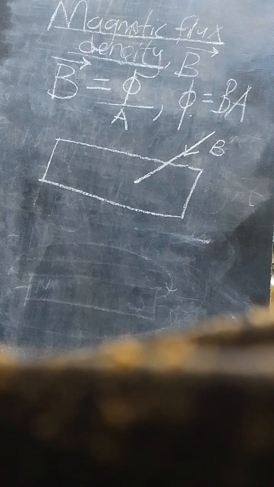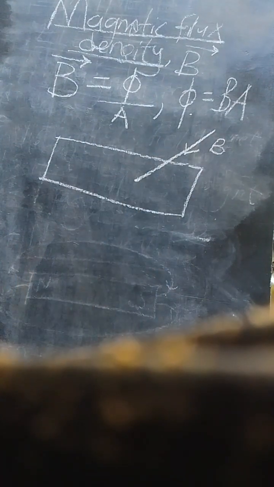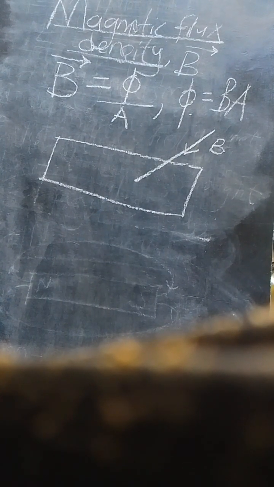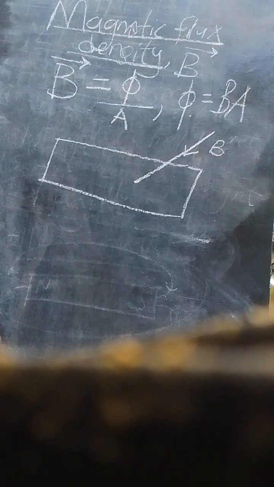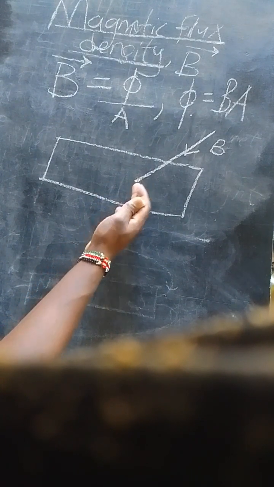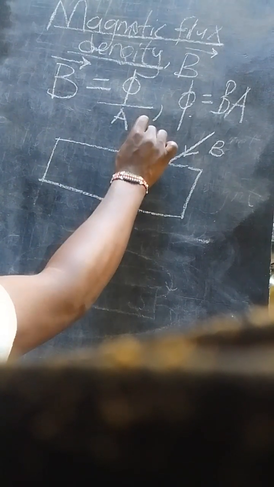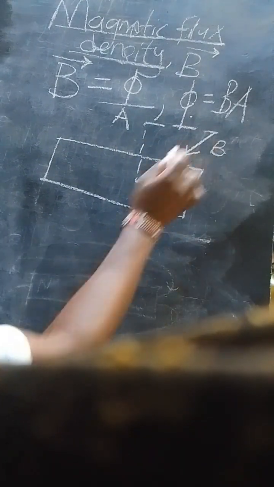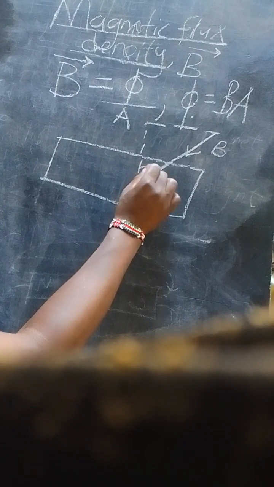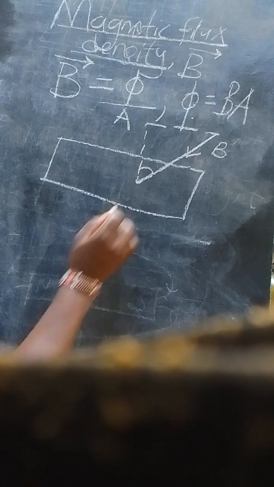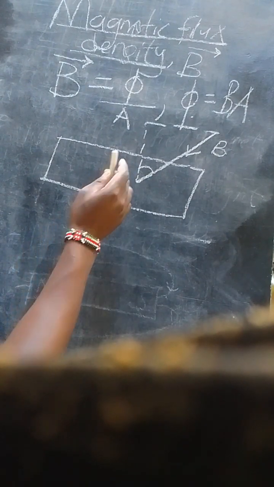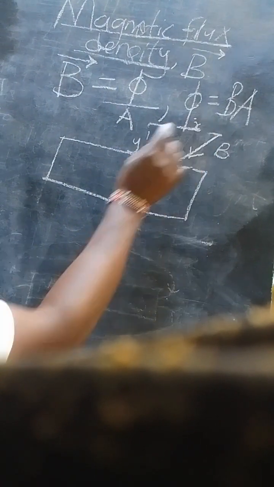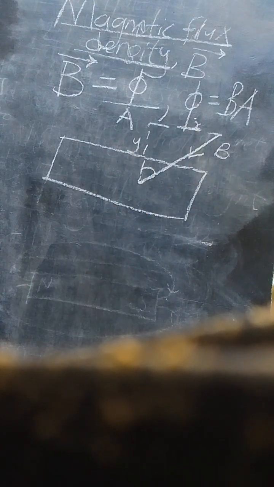When we look at this material and the angle at which the magnetic field is traveling into it, we can resolve this into the x and y components. Remember, this is the vertical and this is the horizontal component.